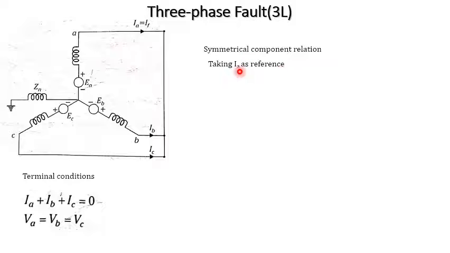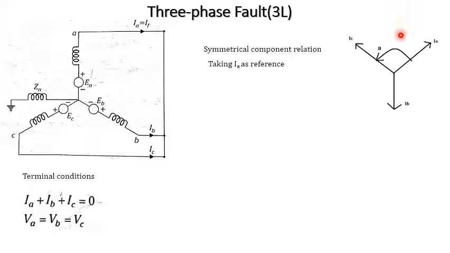Taking IA as the reference, we are going to draw IA. This is the positive sequence phase current. The phasor representation is in clockwise direction: this is IA, this is IB, and this is IC.